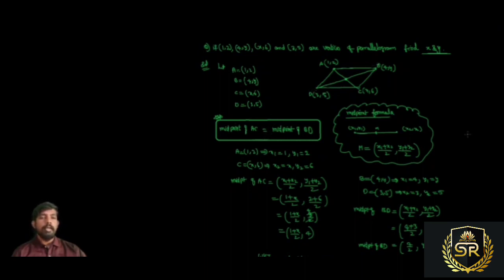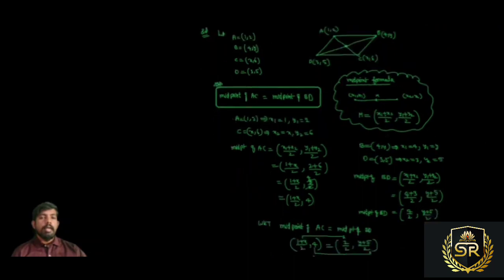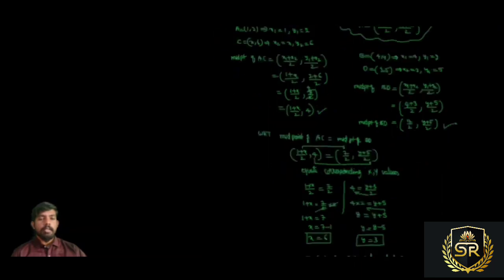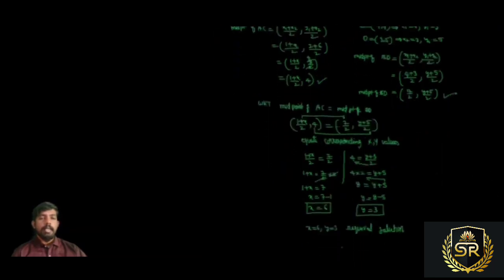So I wrote the AC midpoint formula, and substituted the corresponding values of A and C in the formula. I got this one point. In a similar way, the BD diagonal midpoint is this. Both are equal, hence we equate the corresponding x and corresponding y values, solved, and got the x value and y value. Hence this is the solution. This is an important kind of method.